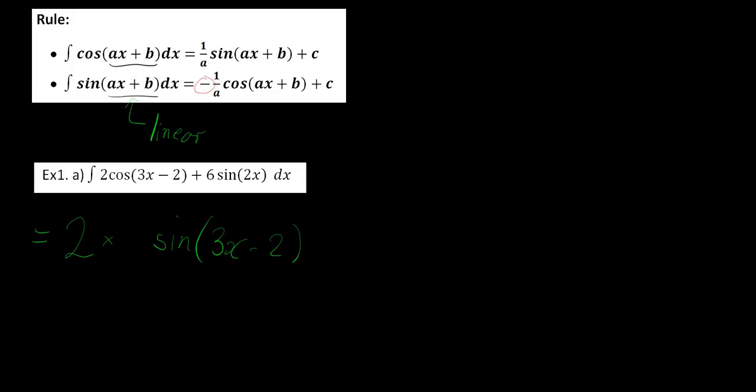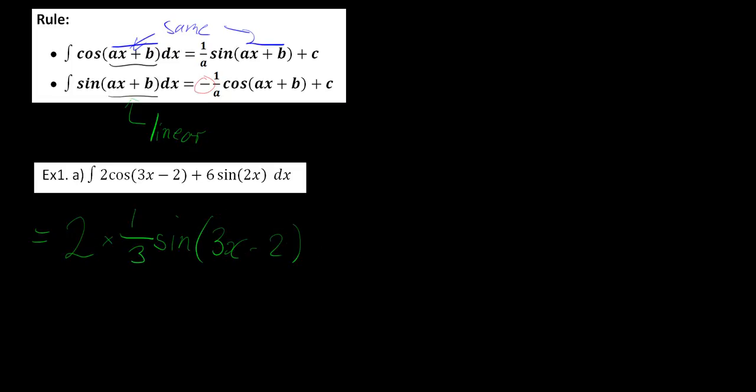Note over here that if you have ax plus b, it stays the same. So it's one more thing to highlight, I suppose. These two over here are the same. And what's in front is 1 on a, so that's just the coefficient of x, or the derivative of what's inside the bracket. So it's 1 on 3.